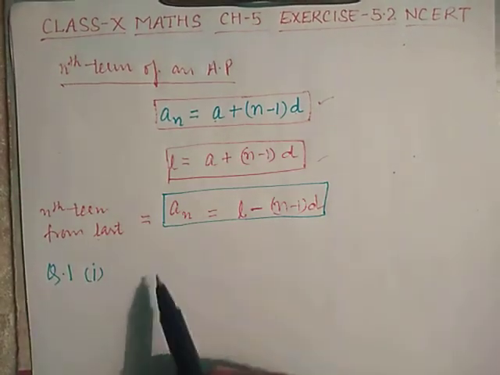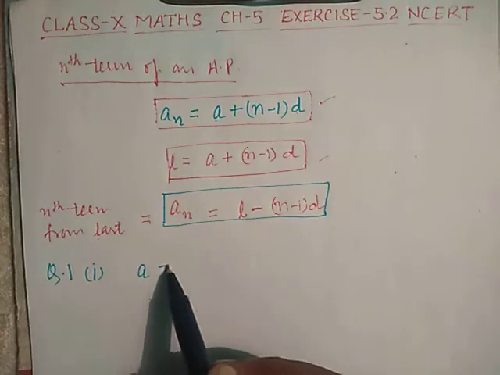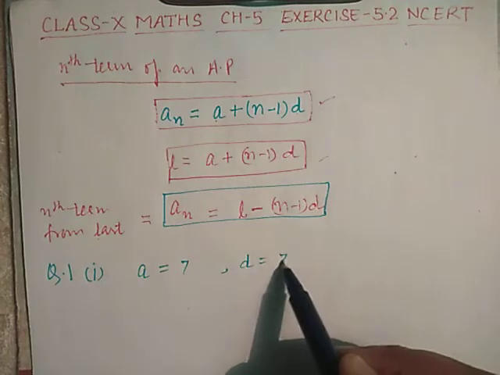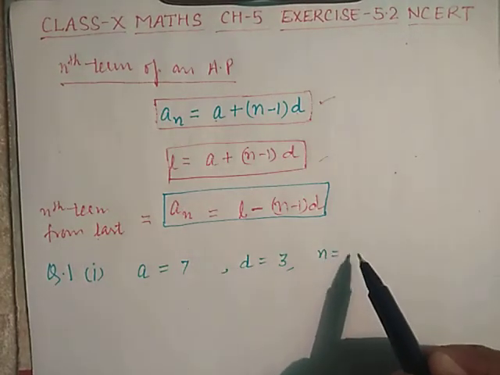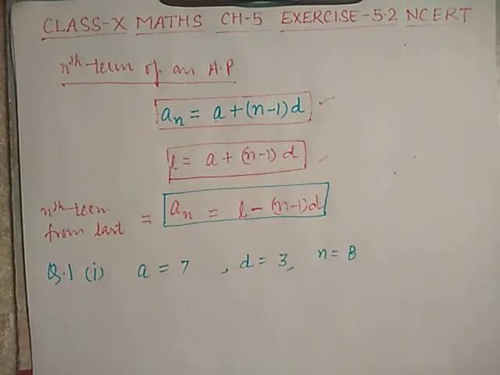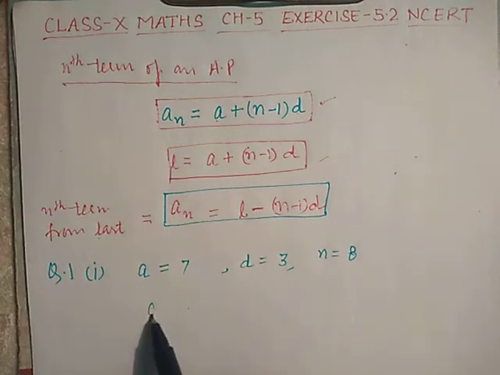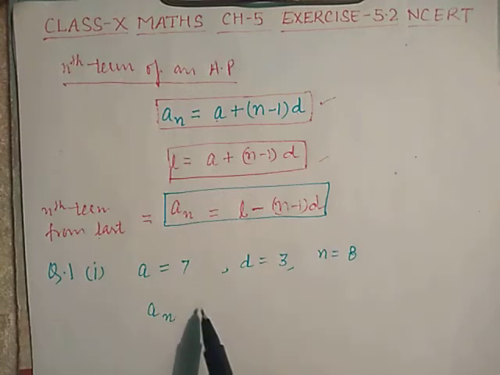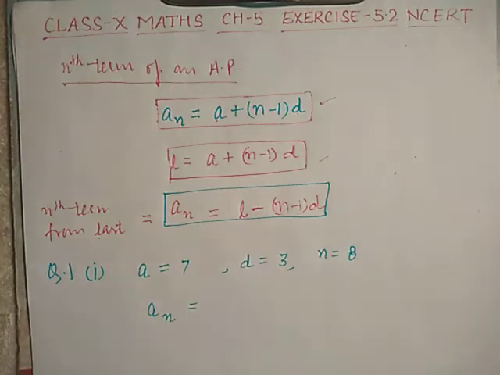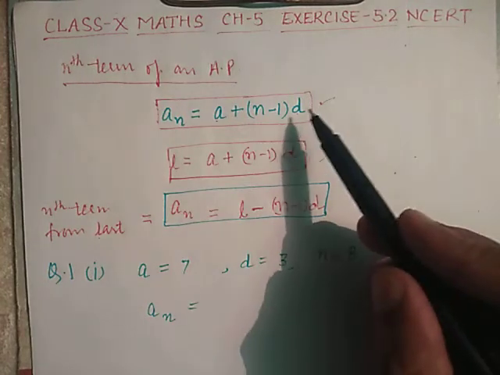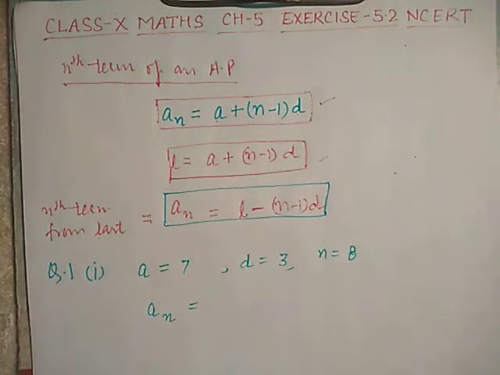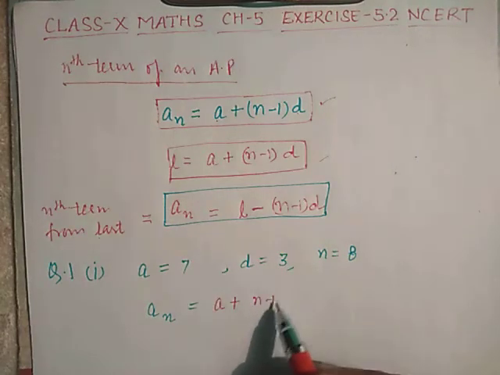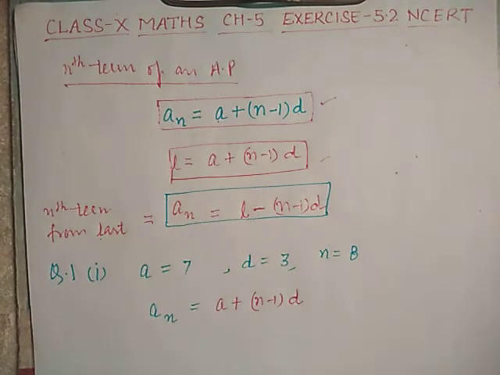Here a is given as 7, d is given as 3, and n is given as 8. As we know, the formula for the nth term is a plus n minus 1 into d. So we will write the formula here: a plus n minus 1 into d.